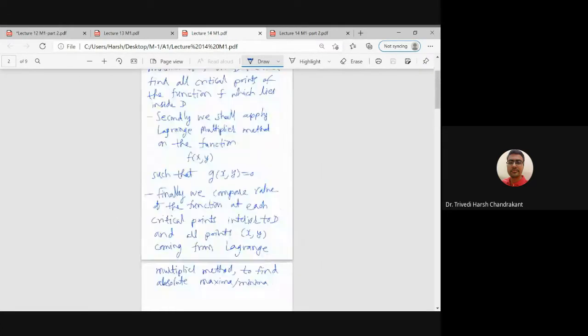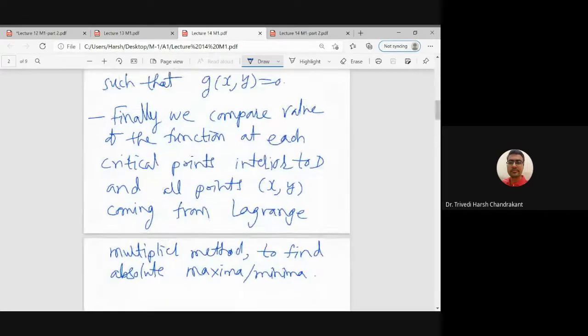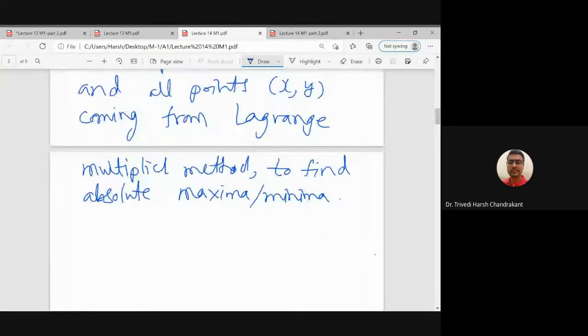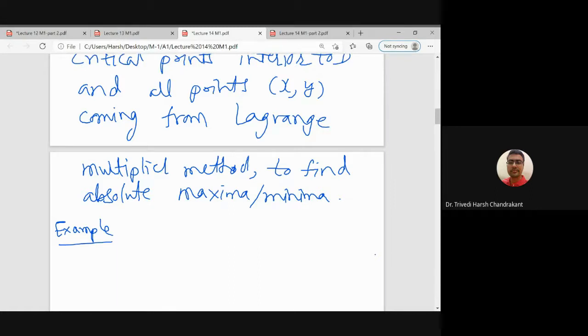So let us see one example. We are looking at finding the absolute maxima of the function.